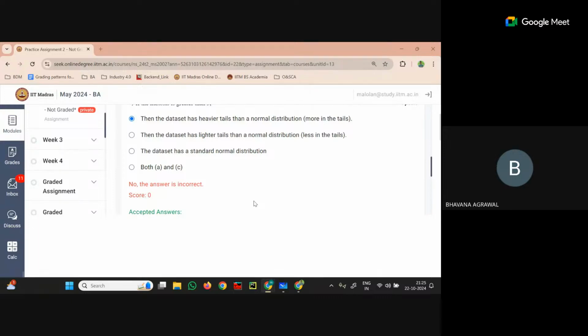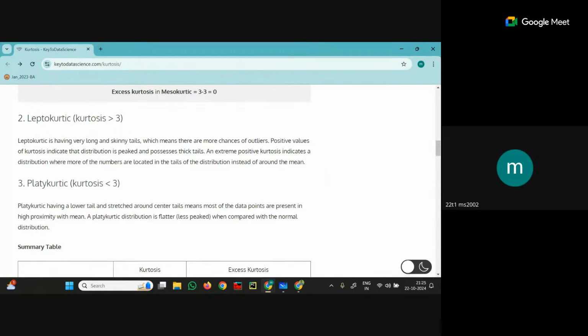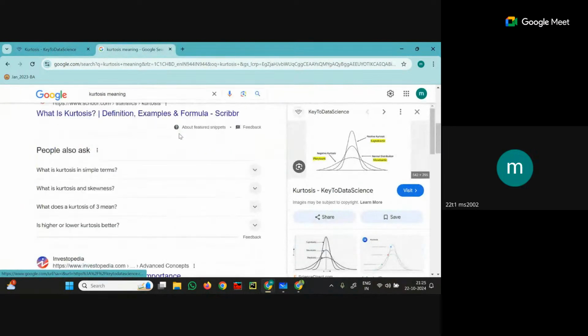This PDF type, where do we find it? Just a general Google search. You just go to Google and search kurtosis.